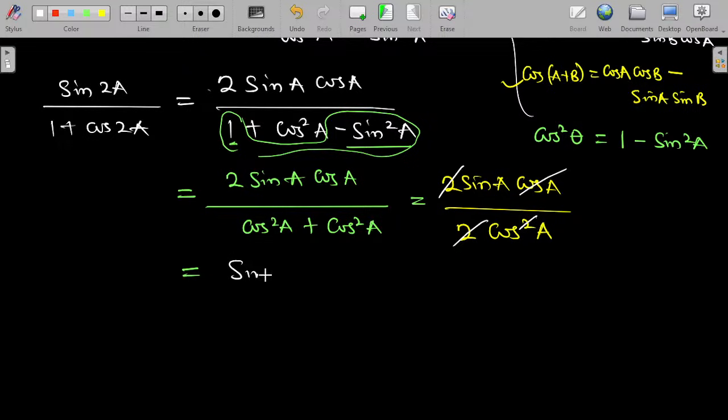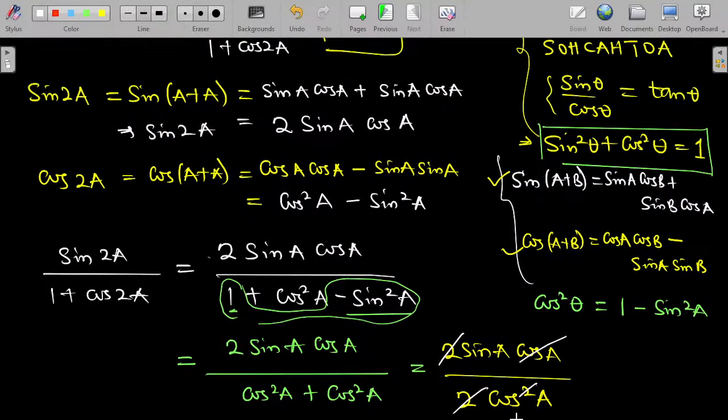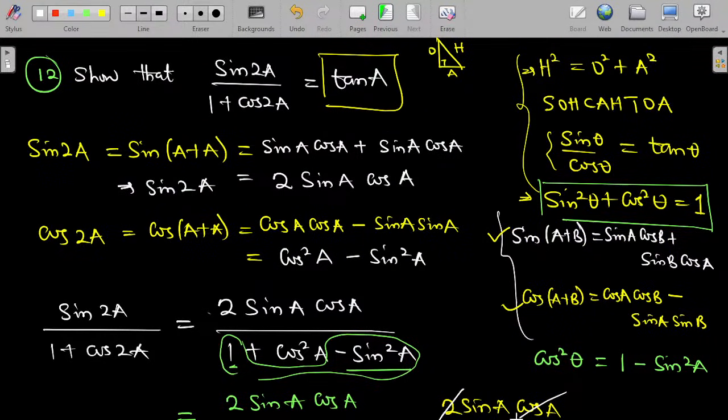So you just have sine a up all over one cos a down. And you are done. We are told that this is equal to the tan of a. And so we have achieved what we are required to show, that it is equal to the tan of a. So that is the solution for number 12.